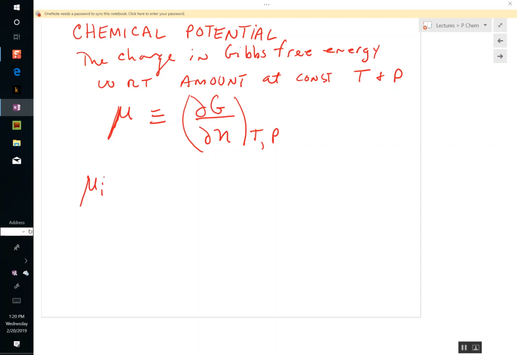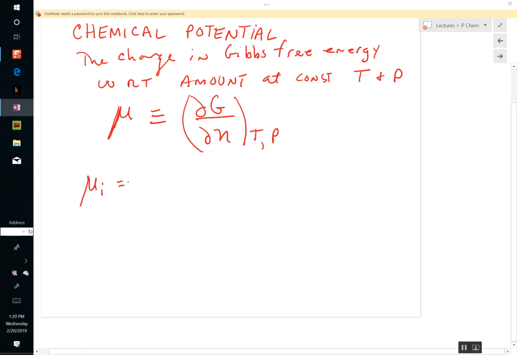But this is a fundamental parameter here, chemical potential, and it's independent of fugacity at this point in time. So mu is chemical potential. Chemical potential is defined as the change in the Gibbs free energy with respect to the amount of material at constant temperature and pressure.